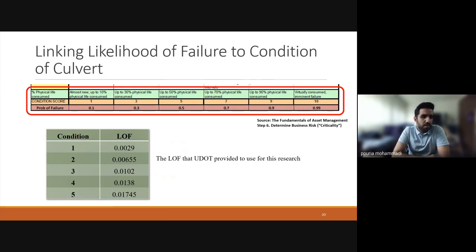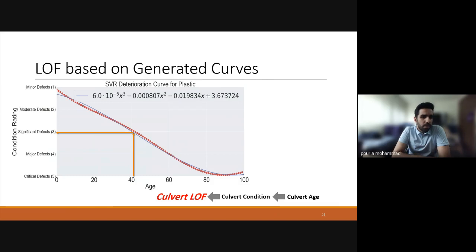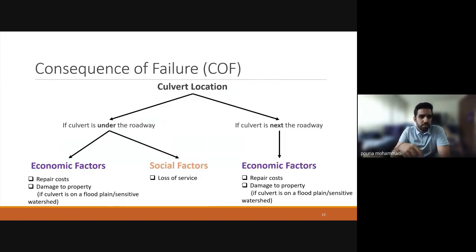We used the 0 to 1 range, and the table shown in the slide is the LOF that UDOT provided for this research. Using the generated deterioration curves and the current age of the culvert, we can estimate the condition, and we can assign the likelihood of failure to a culvert.